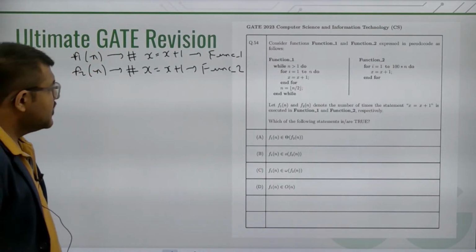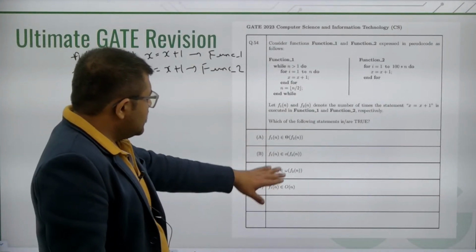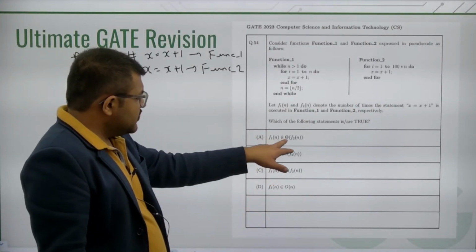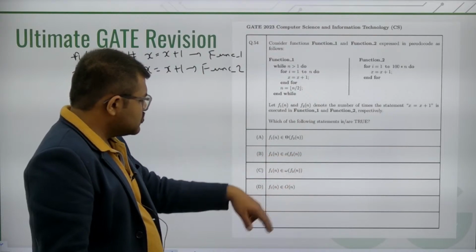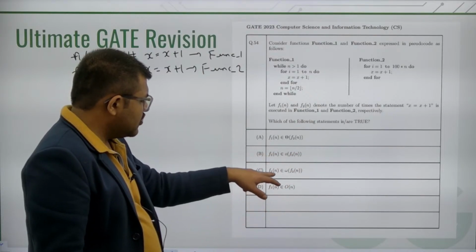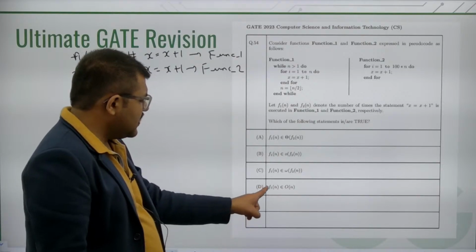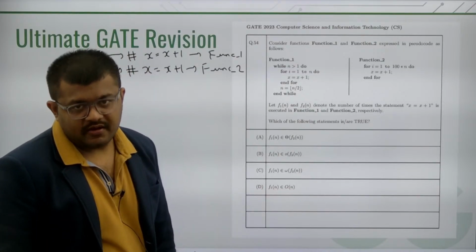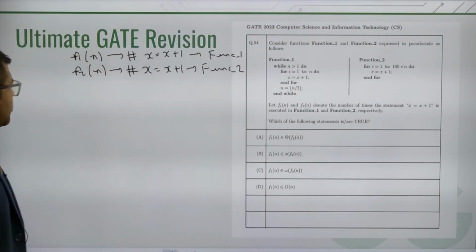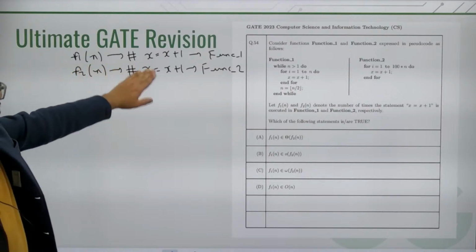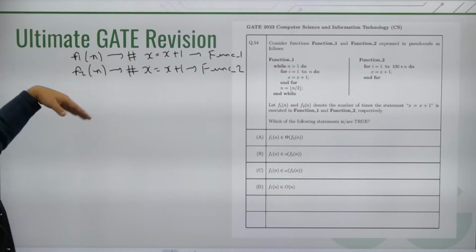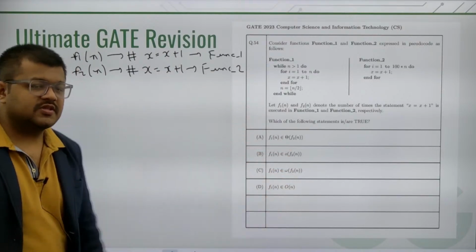Then the relations are given: f1(n) belongs to big theta of f2(n), f1(n) belongs to small o of f2(n), f1(n) belongs to small omega of f2(n), and f1(n) belongs to big O of n. First of all, we need to see how many times this statement is executed in f1(n) and f2(n) with respect to n, that is the input.